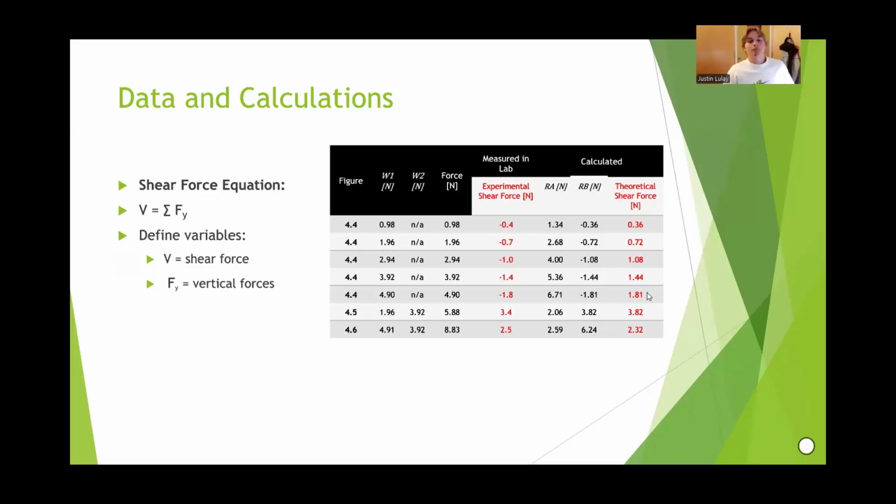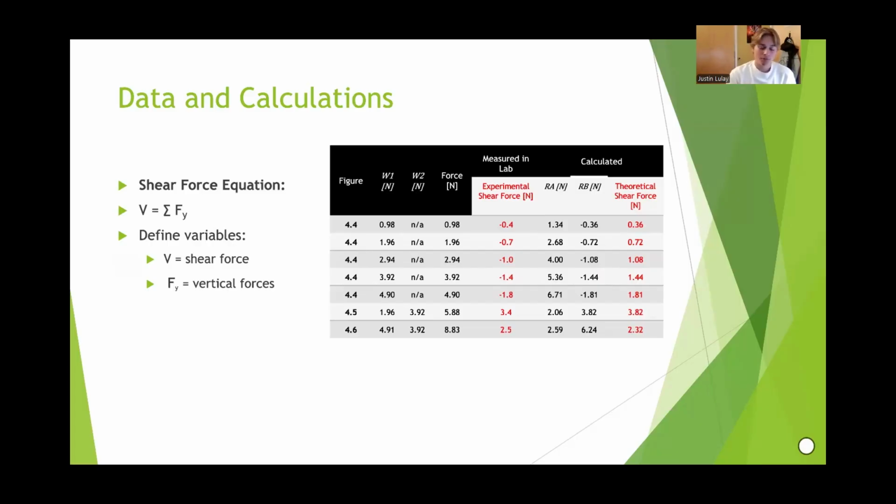Okay, so here is the data that we collected during the lab. The 4.4 figure was referring to the left loading examples. We did five of those with five different loading weights, each 0.14 meters away from support A on the left side, gradually increasing in weight.